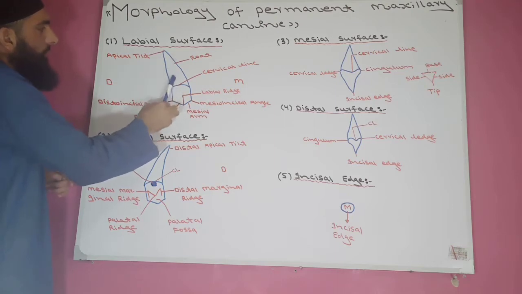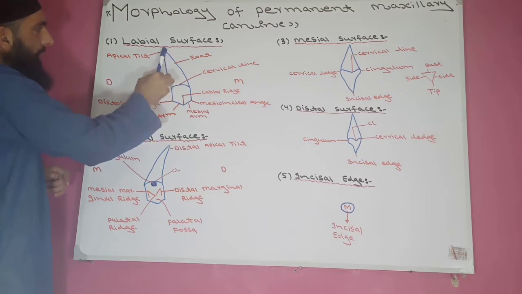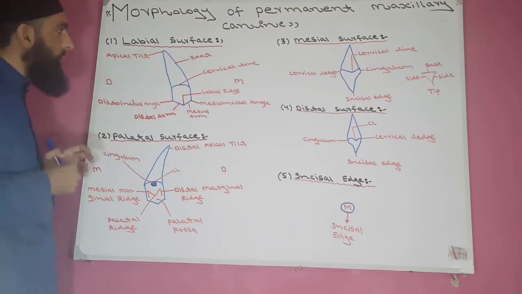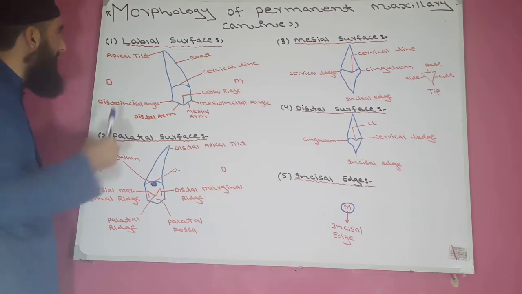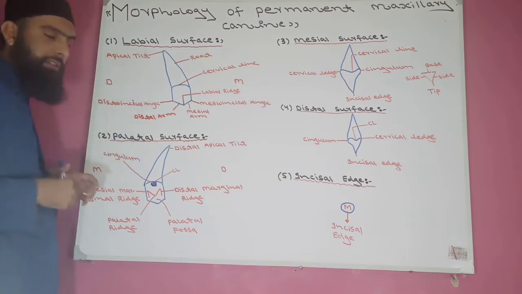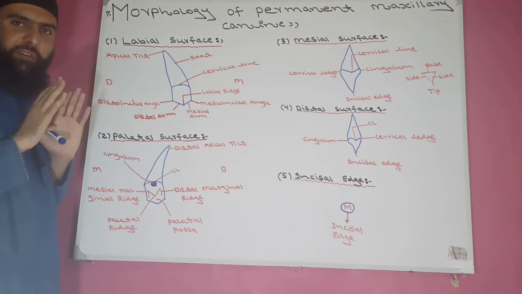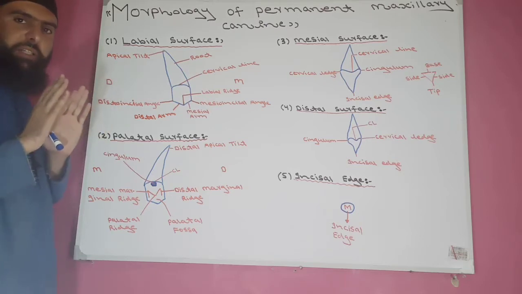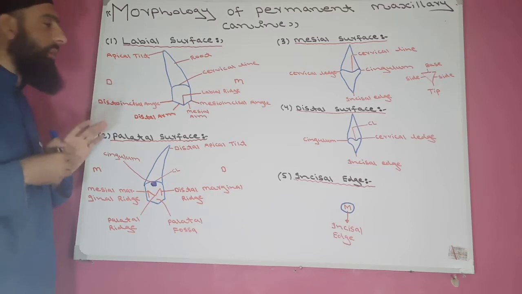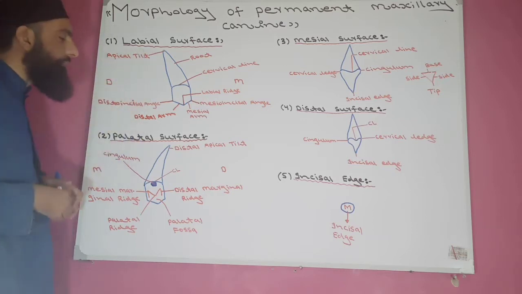This is the root of the permanent maxillary canine, and the tip of the root, which is the apex, is tilted toward the distal surface. This is known as apical tilt. All anterior teeth are tilted toward the distal surface.